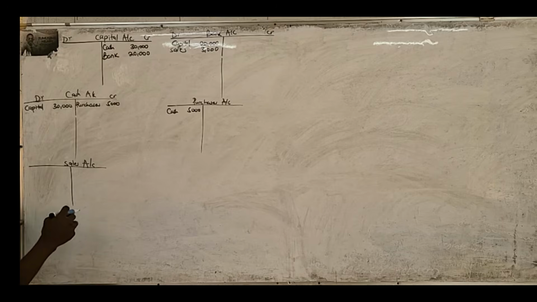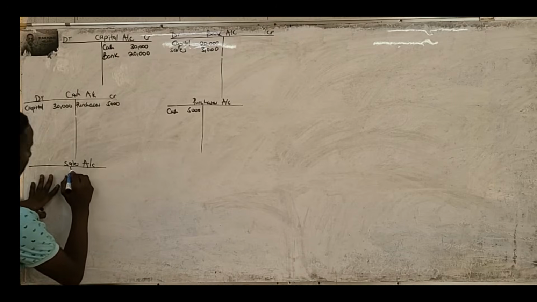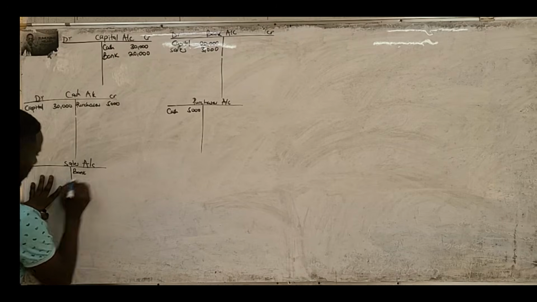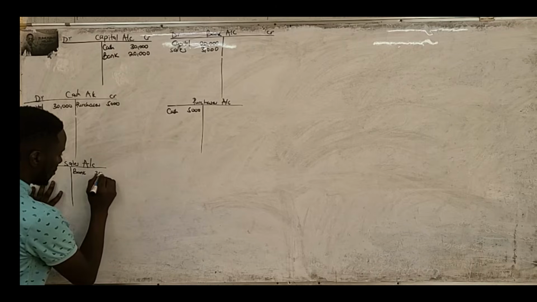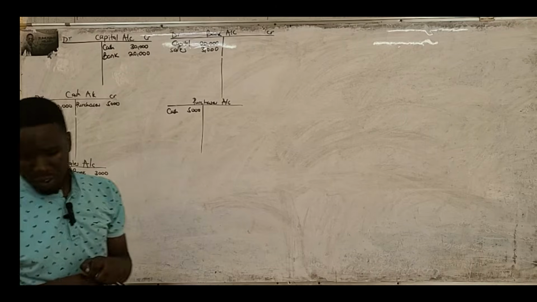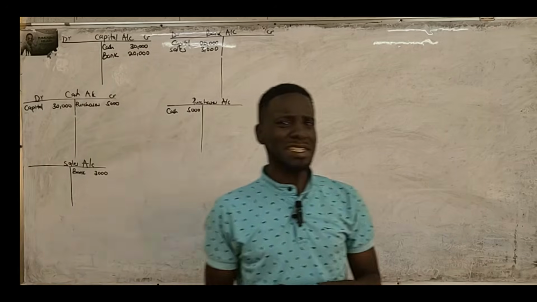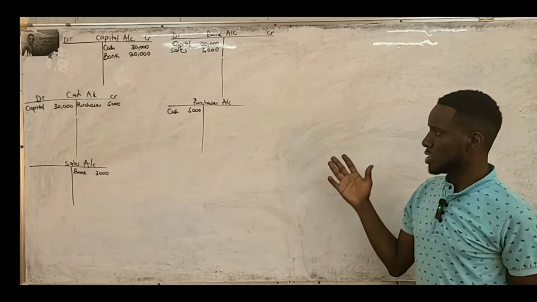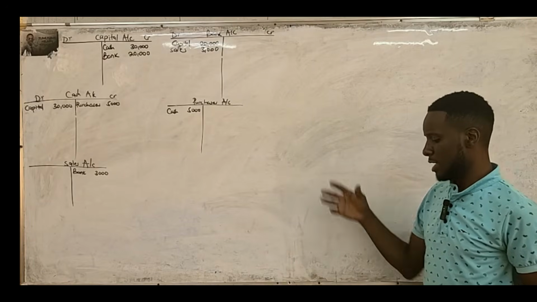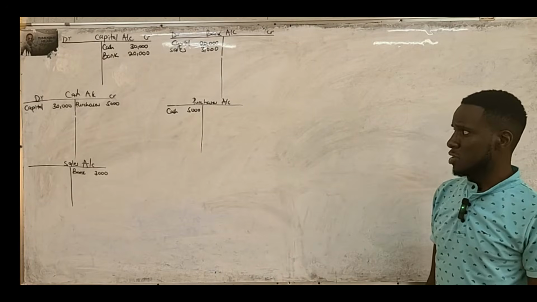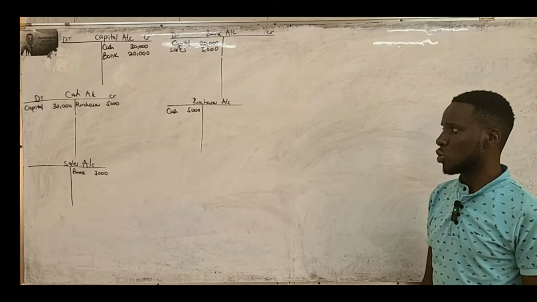Then we come here and say we made sales, received cash through the bank worth 3,000. So that's how easy it is. It's all about you knowing which transaction goes where and how it is supposed to be treated. So by us doing this, we are done with that transaction.